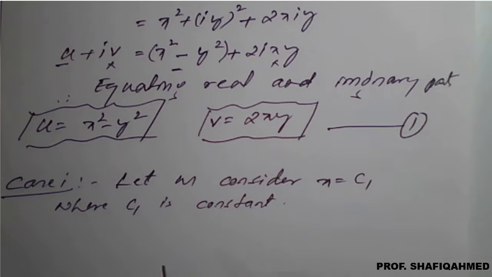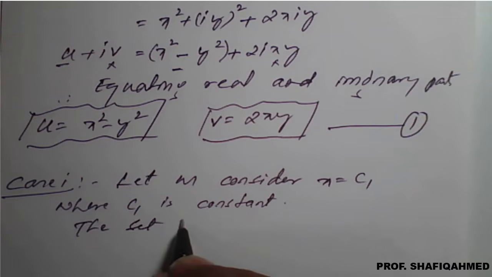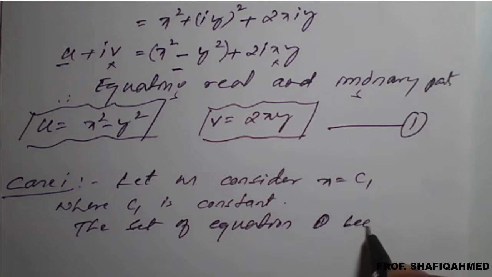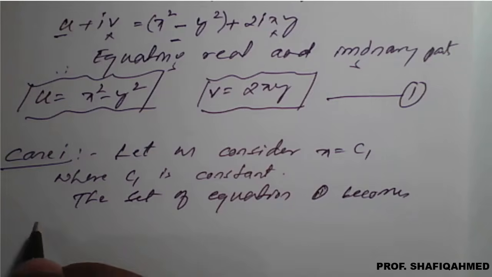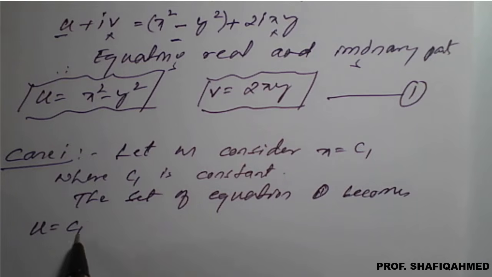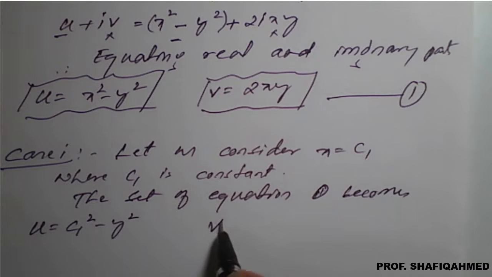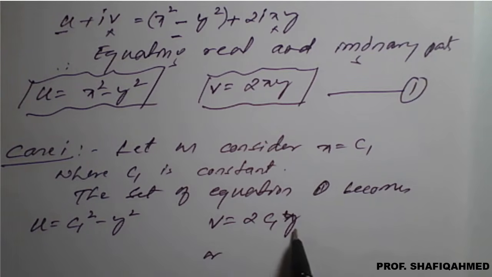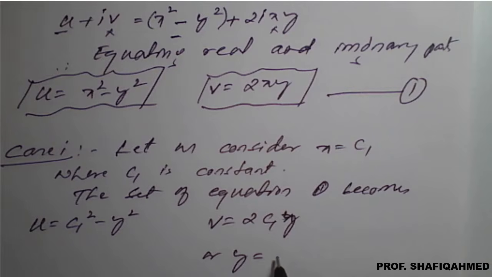The set of equation 1 becomes u is equal to, replacing x with c1, c1 square minus y square as it is, and v will become 2 c1 into y, or y is equal to v divided by 2 c1.